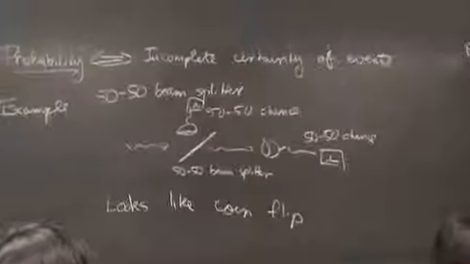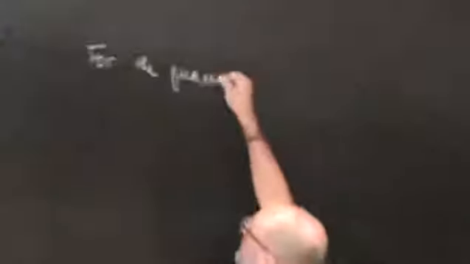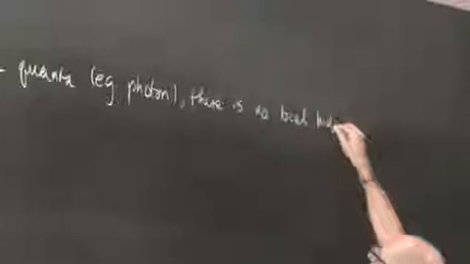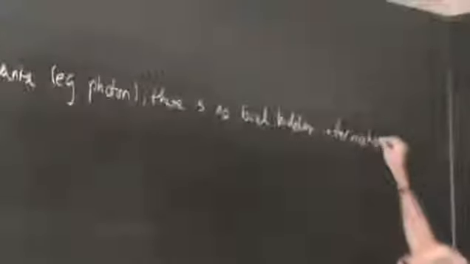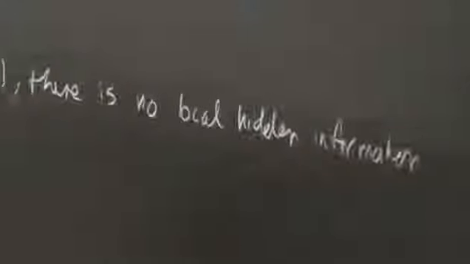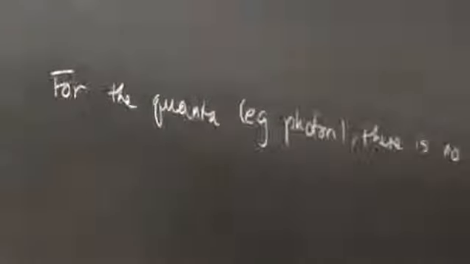So, because for the quantum, there is no local hidden information, that fundamental difference means that the way in which events happen in the quantum world is just fundamentally different from the way they happen in the classical world.